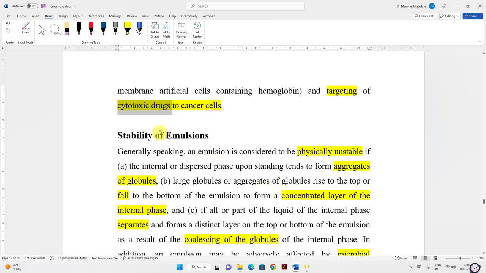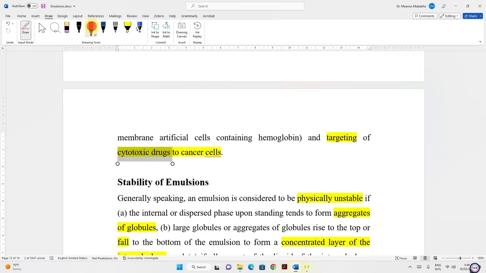Now we will talk about the stability of emulsions, and we will focus on the physical stability. If you look at an emulsion, let me draw the emulsion for you. This is an emulsion where you have globules of the internal phase inside the external phase. What happens?